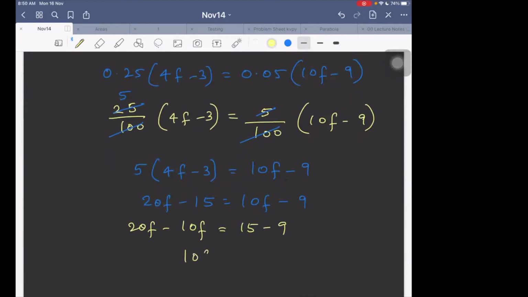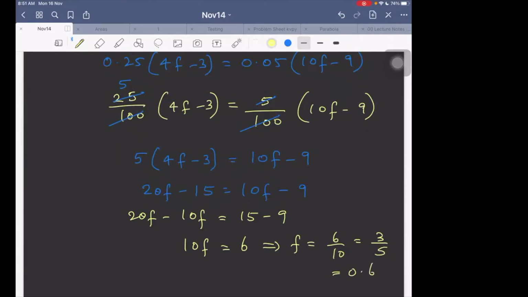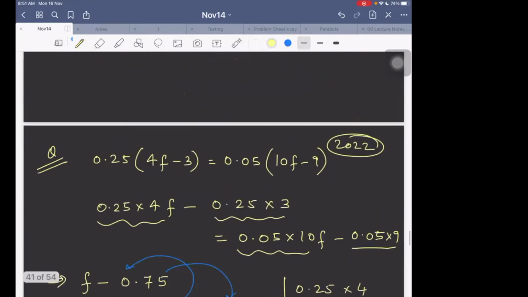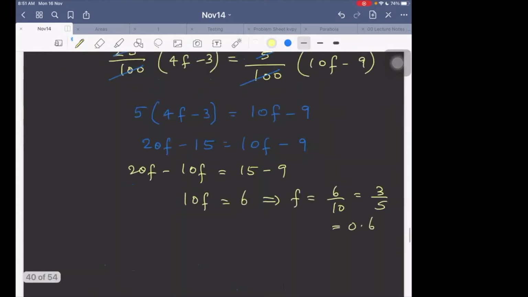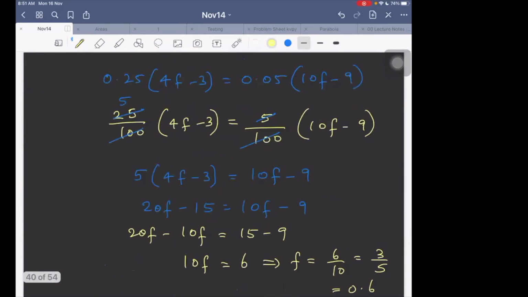So we have 10f is equal to 6. And your f is 6 by 10 or 3 by 5, or this is 0.6. That is the same answer we got. This is easier, right?